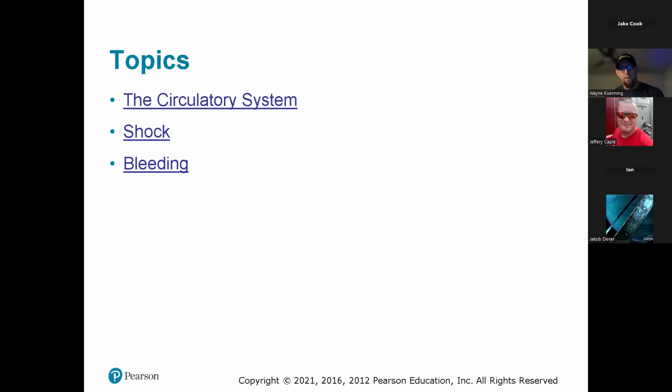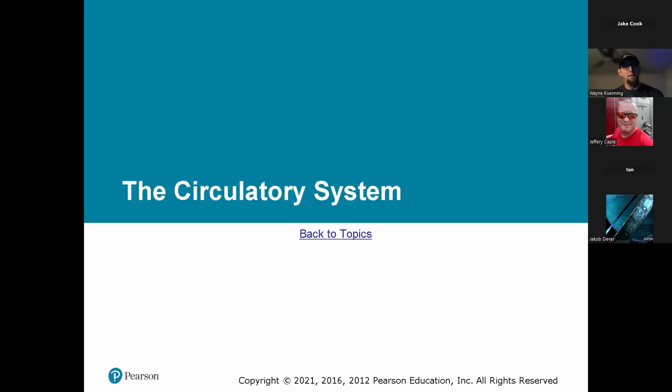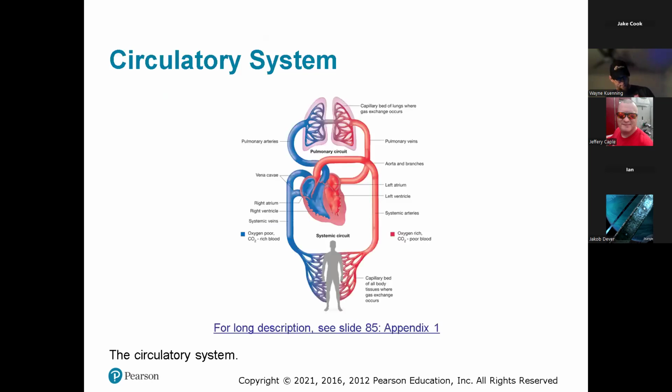If you've done this for a while, you know what arterial versus venous bleeding is. Quick overview of what the circulatory system is. Everybody knows that the heart and the lungs are more or less connected at the hip. Without one, the other doesn't survive, and vice versa.